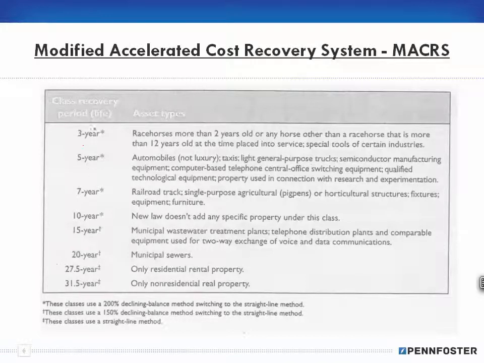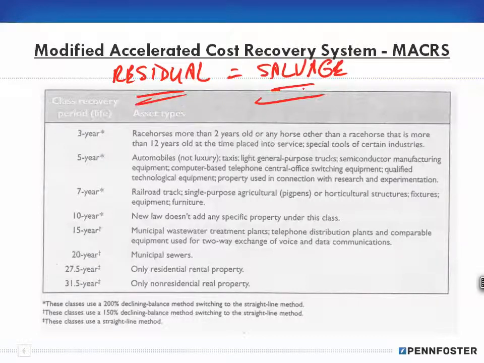And this is important: just as in straight line, units of production, and declining balance, we were able to decide upon what our residual value was, all right? And that's the same as our salvage value, right? We were able to determine how much we wanted that to be.